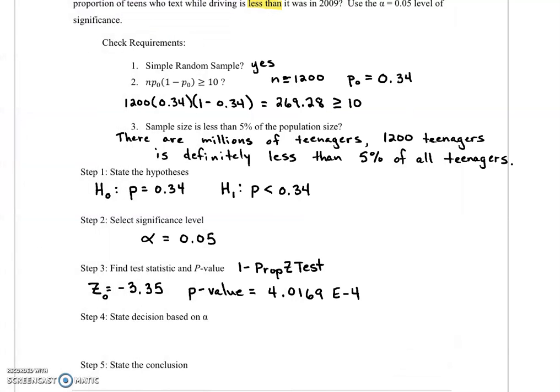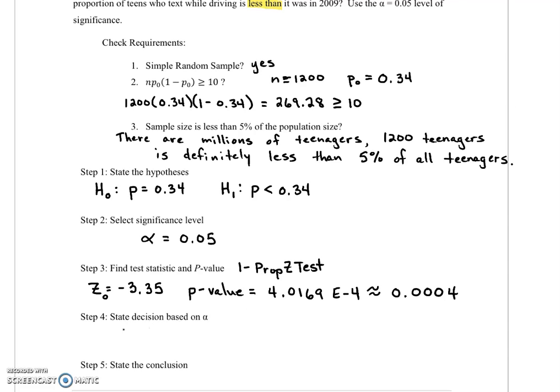And if you recall from your support class, the e to the minus 4 means move the decimal point 4 places to the left. So that gives us 0.0004 for our p-value, approximately.